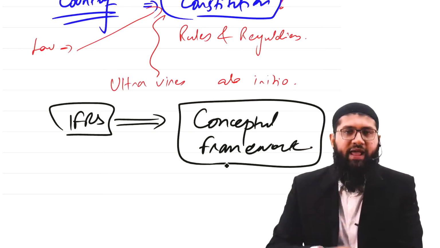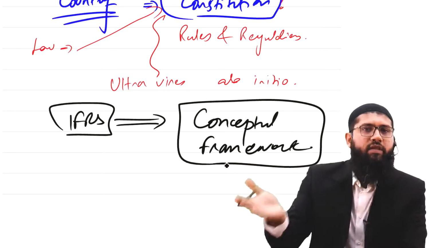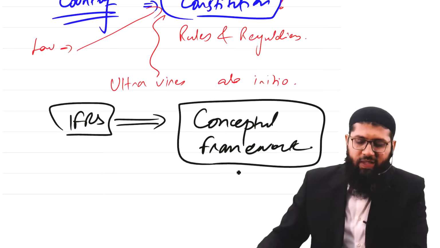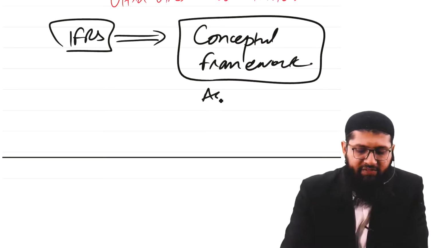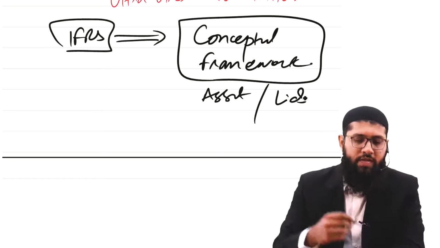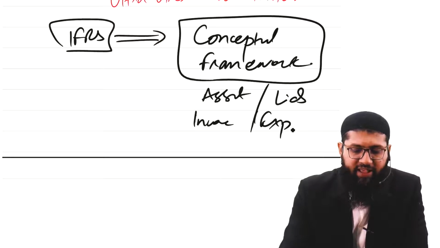The problem that arises is that the accounting standards were developed earlier and the conceptual framework was developed later on. The conceptual framework defines what an asset is, what a liability is, what an income is, and what an expense is.